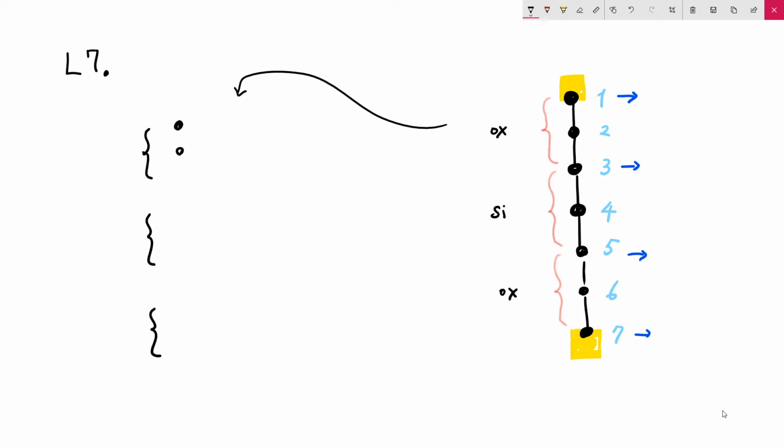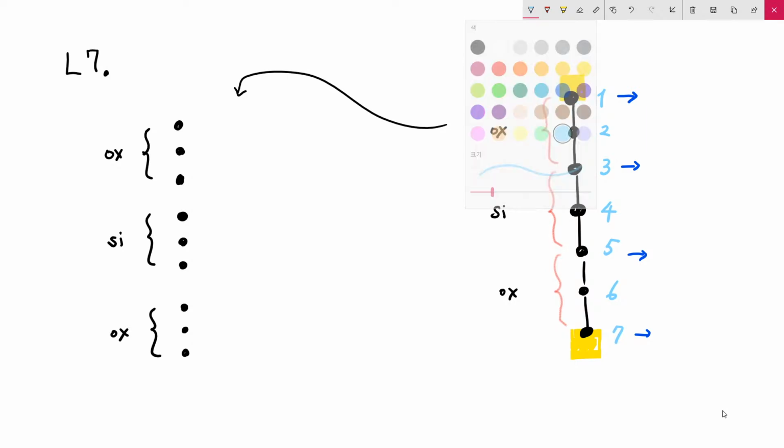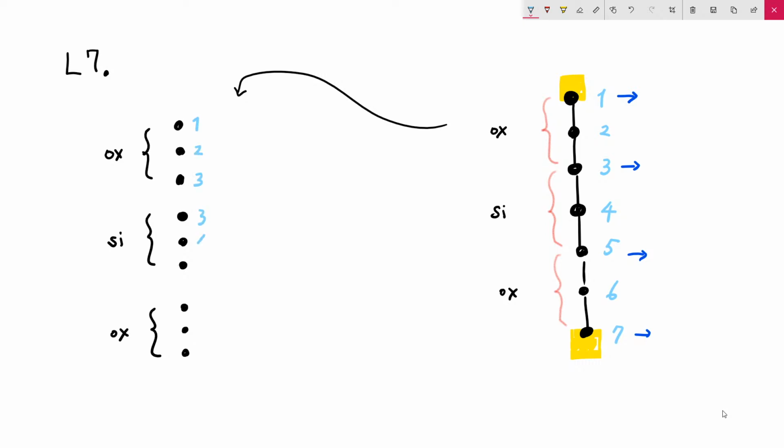Here we have 3 points, and here we have 3 points, and here we have 3 points. You know that this is oxide region, and then this is silicon, and this is oxide. And if we just label the vertex number, then 1, 2, 3, 3, 4, 5, 5, 6, 7.